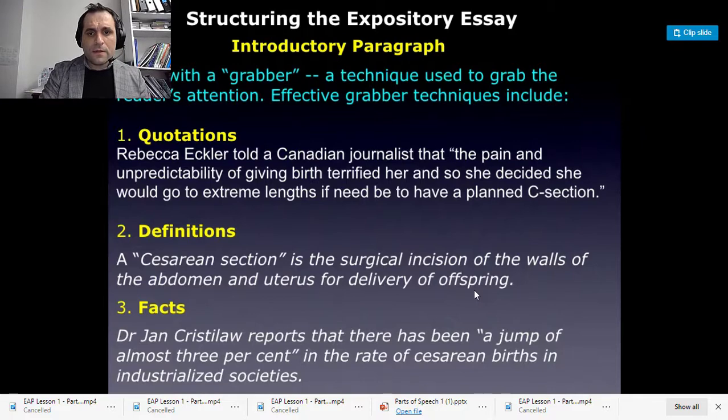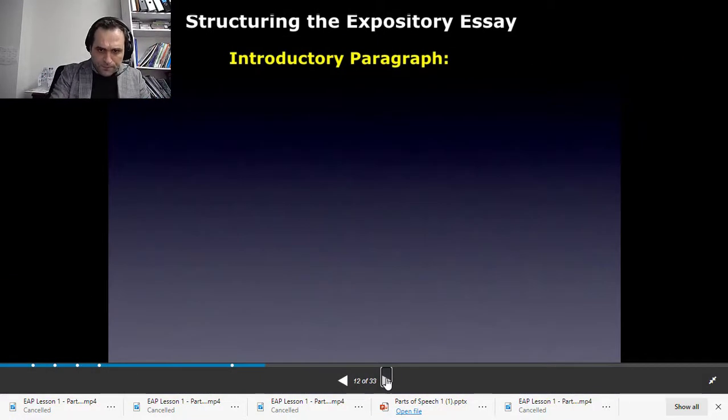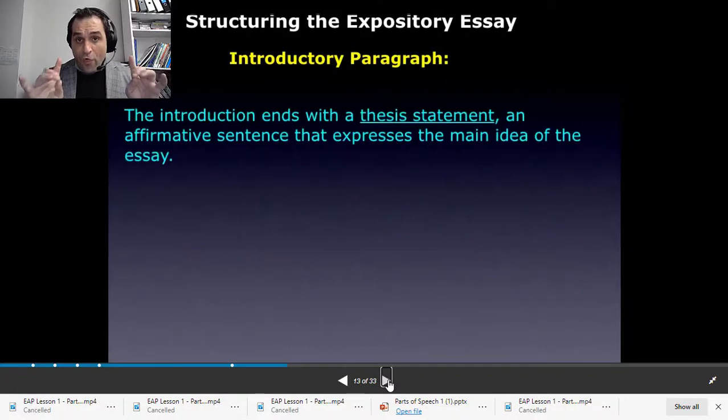So basically now, this is the most important part of the whole essay. And it has a name. It's called the Thesis Statement.